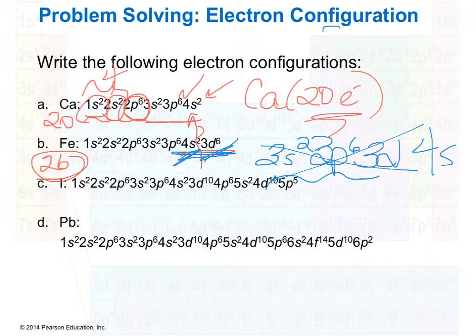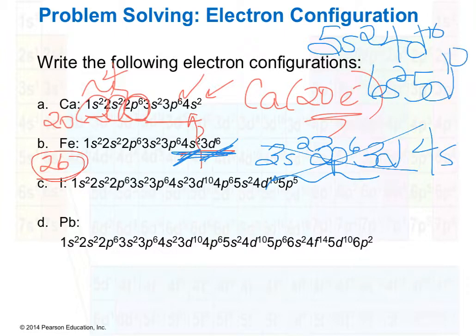You'll see that again with 5s. So 5s will come before the 4d, and 6s will come before the 5d. Also notice that the primary energy level drops down by a value of 1 when you go from S to D. We can talk about that more later too, but just keep that in mind.